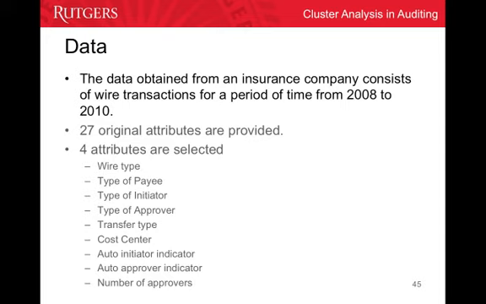And then the next attribute is the indicator of the auto approver. This attribute indicates whether the approver is an automatic system or a person. It is defined by using the characteristic of the approver identification.